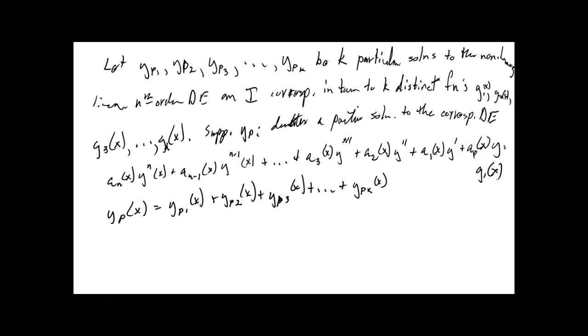Now that is a particular solution of this equation, but now the right-hand side would be g1 of x plus g2 of x plus g3 of x plus dot dot dot plus g sub k of x. Okay.